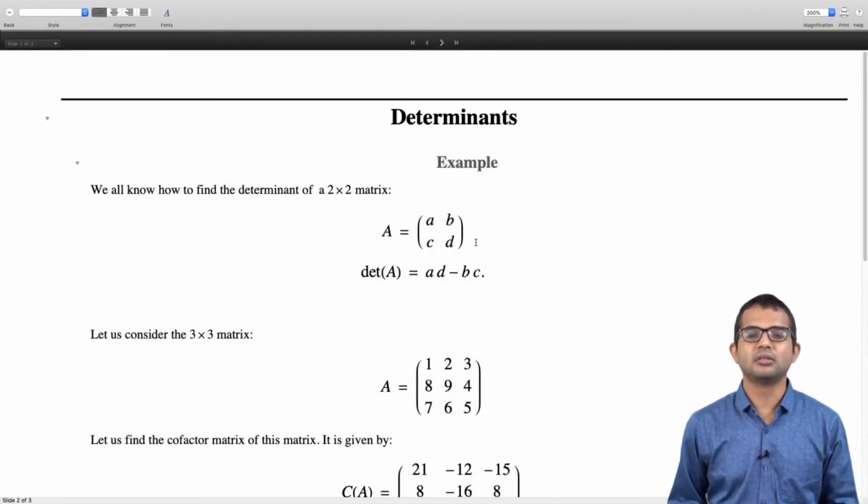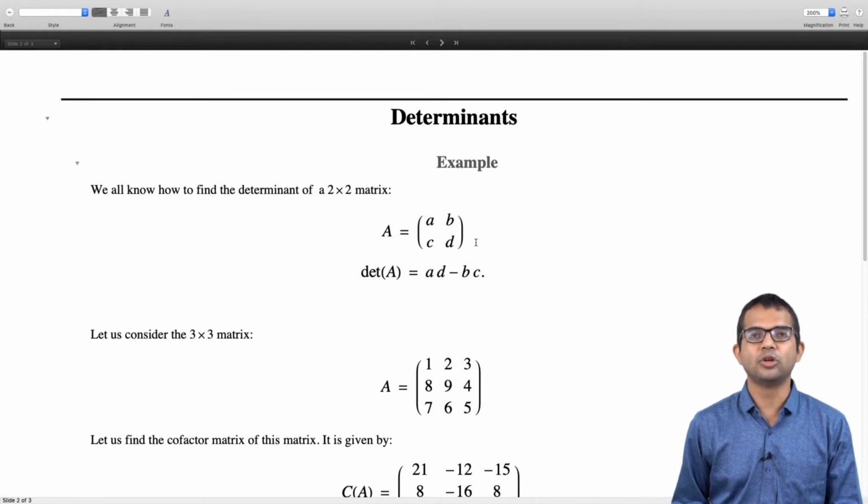So let's just start with 2 by 2 matrices, and first describe how to compute a determinant in a very standard algorithmic way. There are different ways in which one can introduce determinants and come up with the definition of determinant, but we will not take a formal approach here. So let's show how to do it for a 2 by 2 matrix and a 3 by 3 matrix and so on.